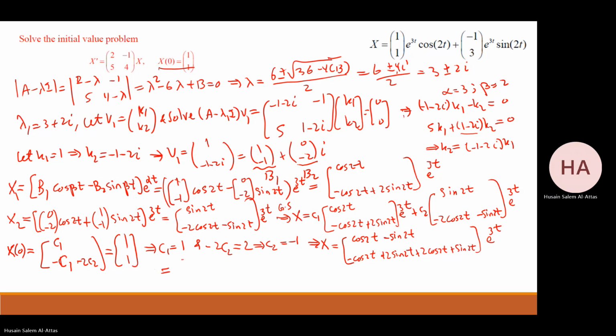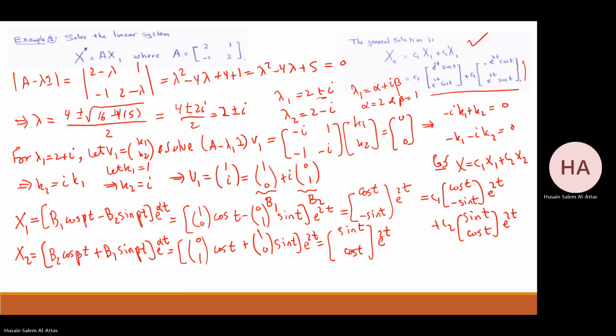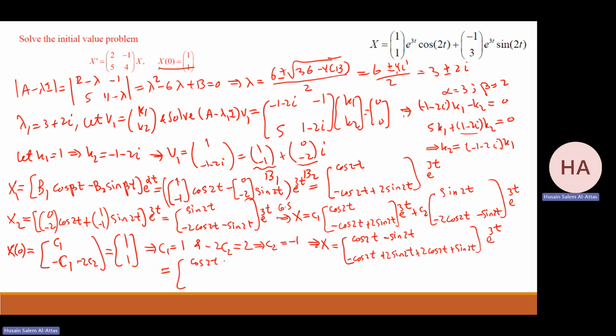And that will be, this will not be affected, minus sine 2t. This one will be minus cosine, that will be cosine 2t. 2 plus 1, plus 3 sine 2t, e to the power 3t. Which is very clear. I have 1 plus 1 minus 1, correct? I have 1 cosine plus 3 sine, which is correct. So this is my answer.